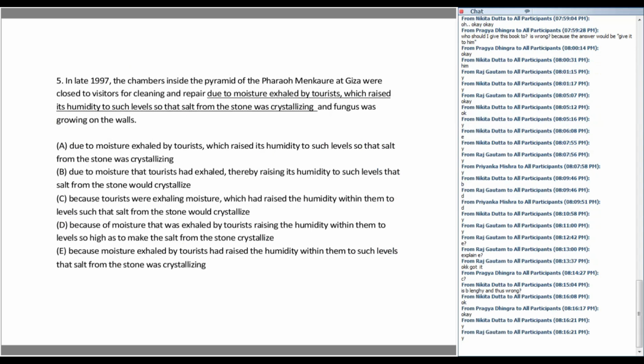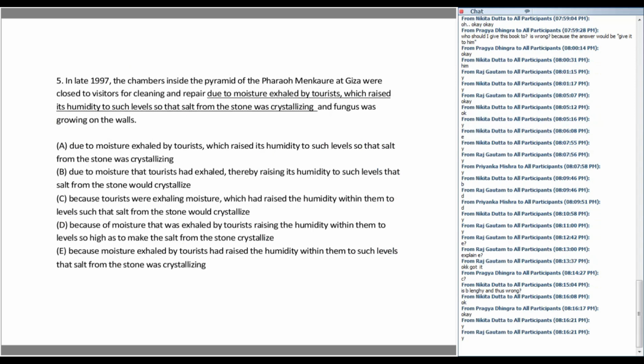Number 5. In late 1997, the chambers inside the pyramid of the Pharaoh Menkaure at Giza were closed to visitors for cleaning and repair. Due to moisture exhaled by tourists, which raised its humidity to such levels so that salt from the stone was crystallizing and fungus was growing on the walls.